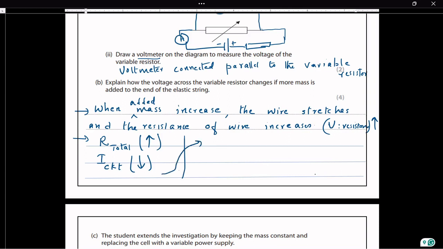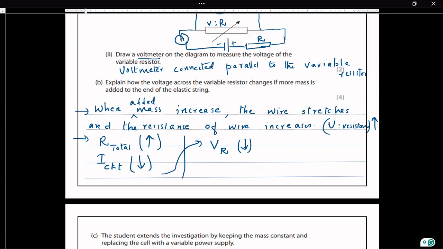When the circuit current decreases, definitely the voltage across the fixed resistor R decreases. This is the fixed resistor, and this is the variable resistor, VR. So the voltage drop across the fixed resistor decreases.